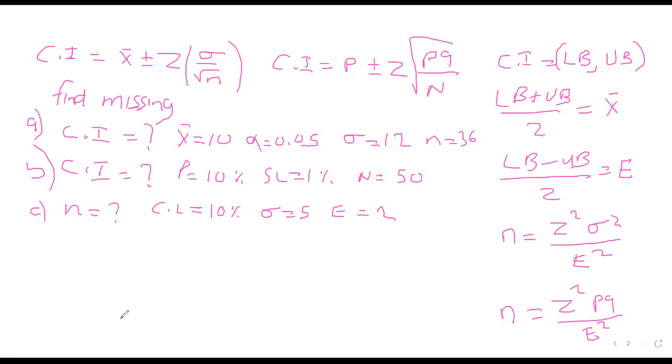Confidence interval is a range. So question number A, we're given what? Our mean as 10, our alpha as 0.05, and our n as 36, and our standard deviation as 12.